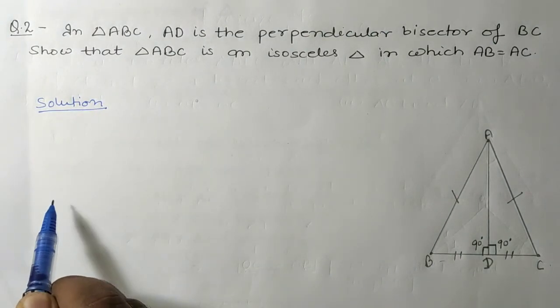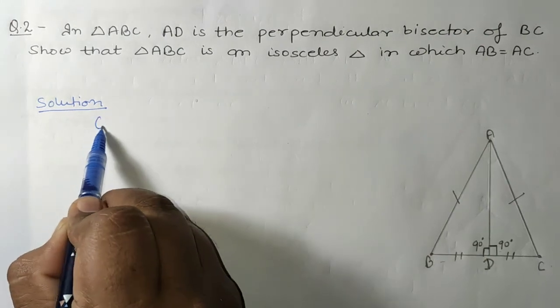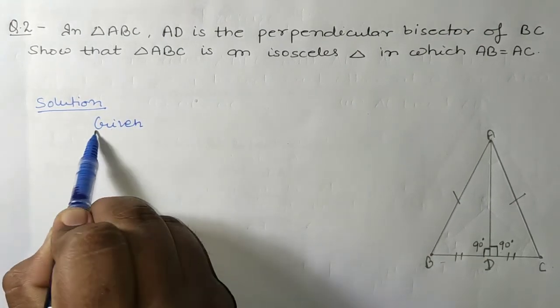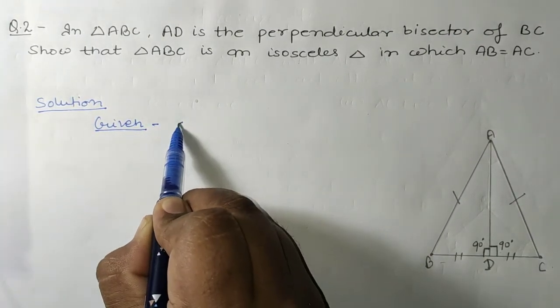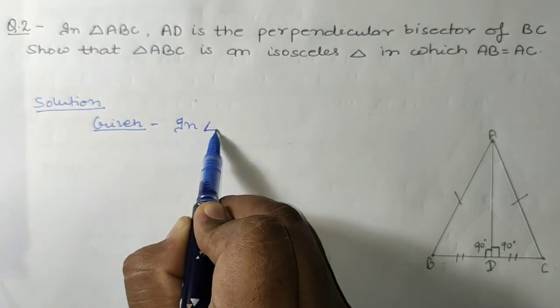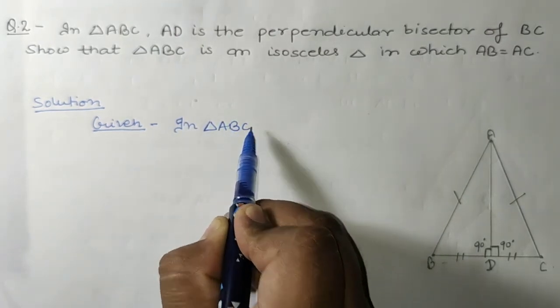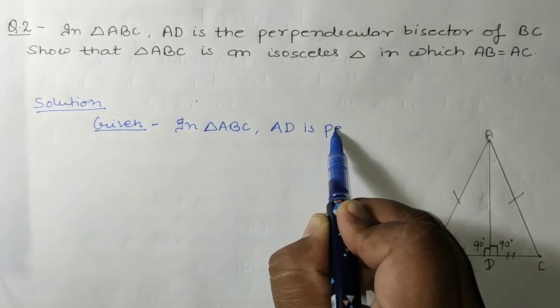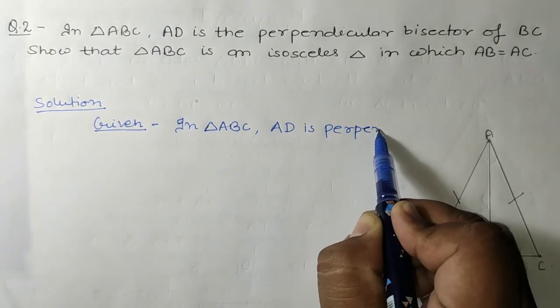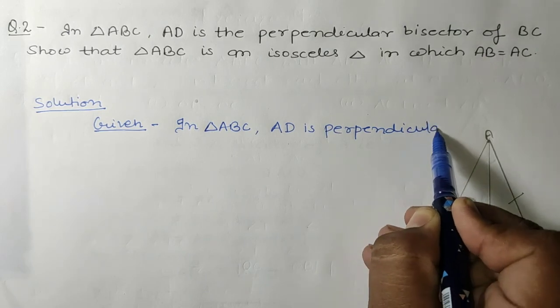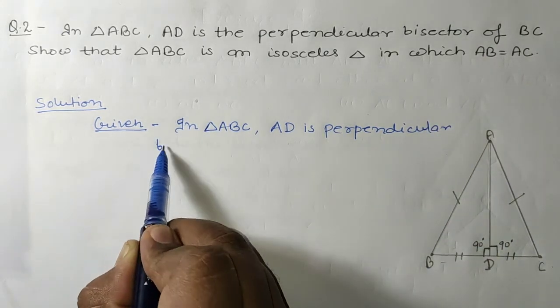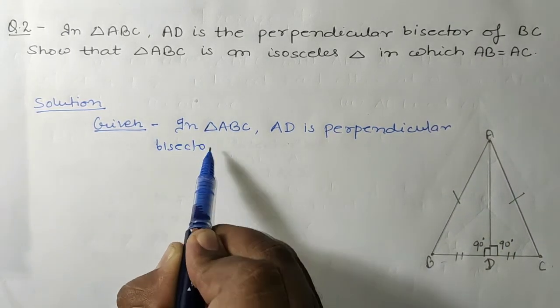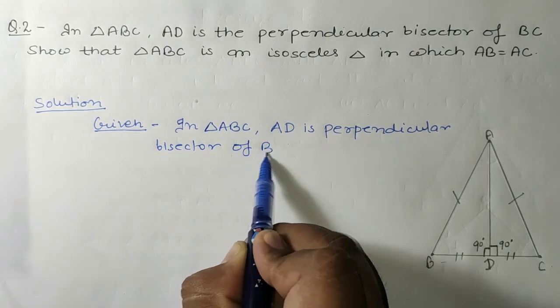So firstly we'll write what is given. So it is given that in triangle ABC, AD is perpendicular bisector of BC.